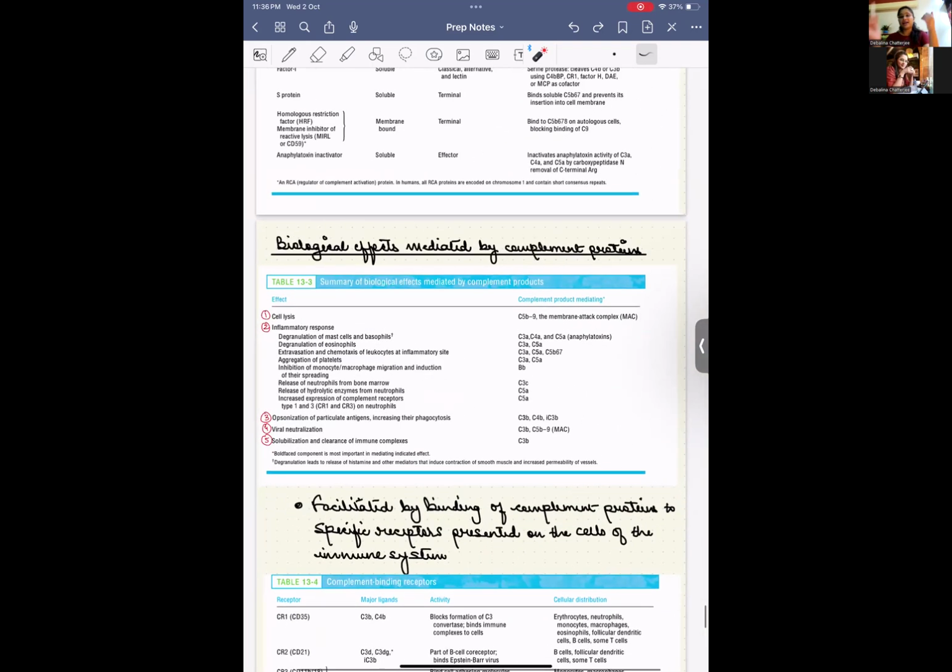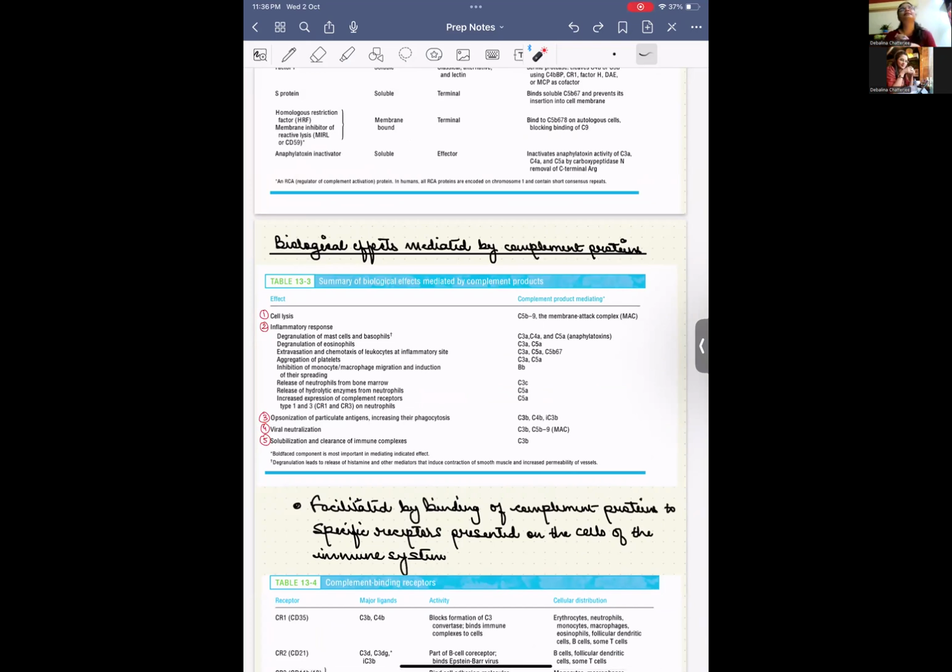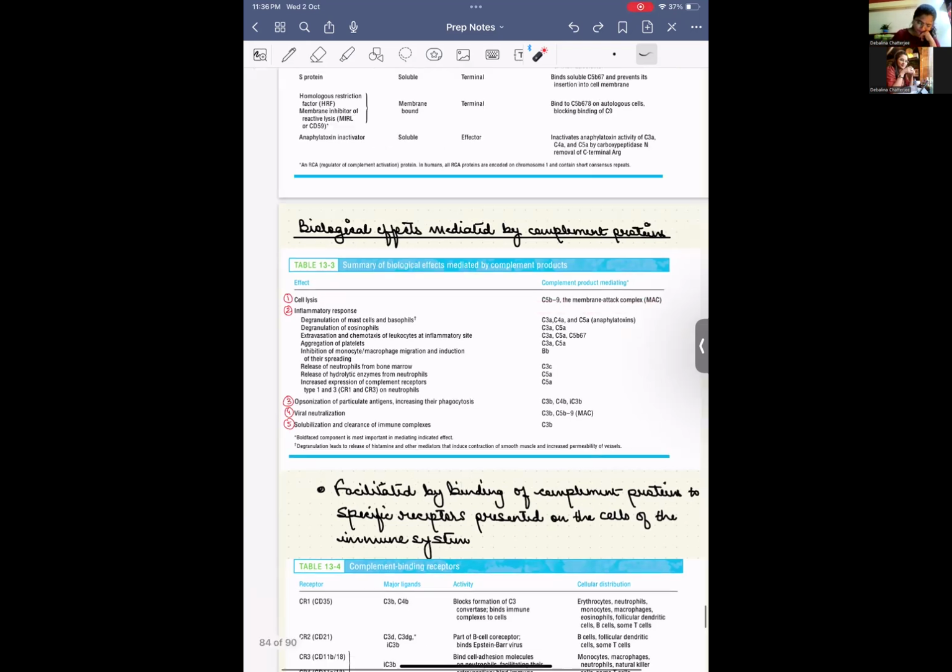Okay. So the activation part of complement proteins has been discussed. We understand that they need to be regulated. The regulation part we have discussed. Now let's discuss the final part, what biological effector responses can be brought about by binding of complement proteins. One thing that we just saw is cell lysis, which involves C5b to C9 forming a membrane attack complex.